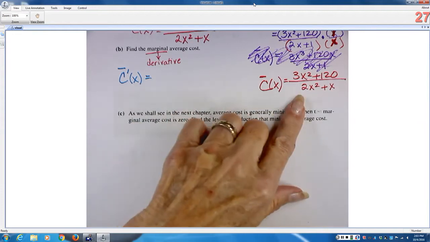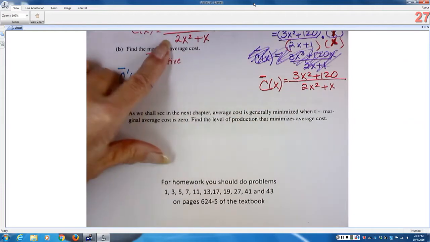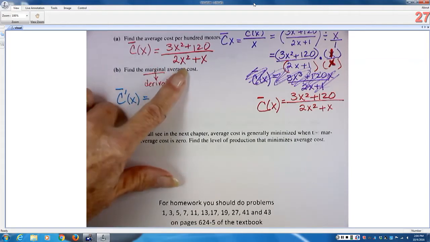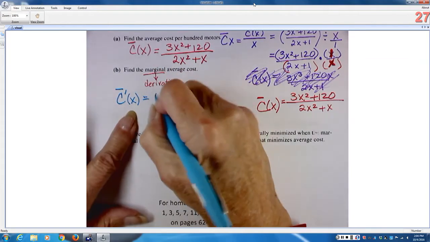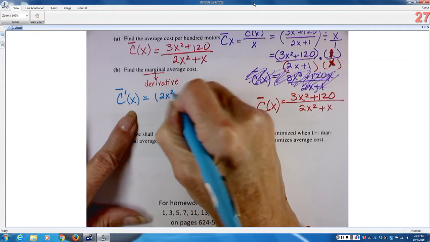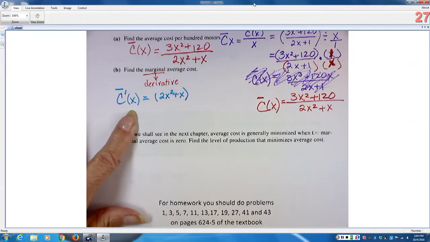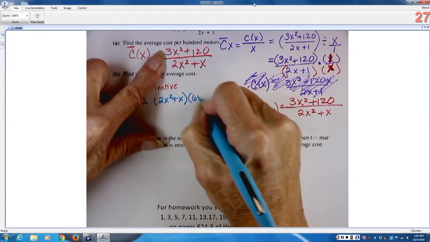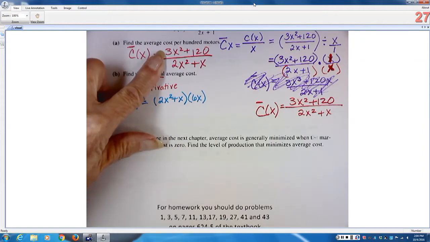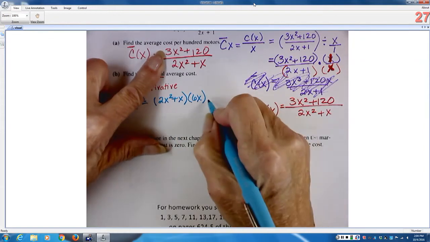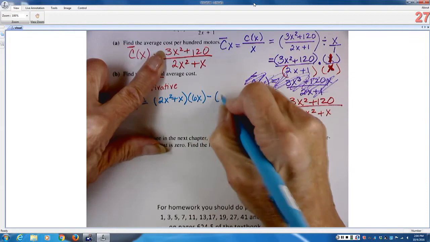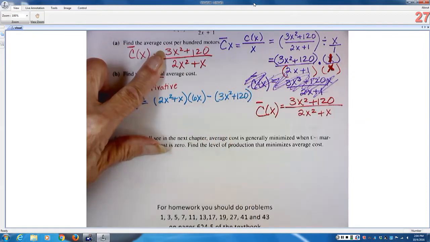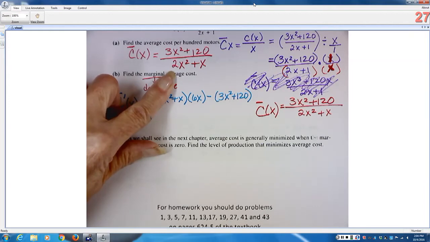is going to be the derivative of this function, that function, it's the same function. And the way that we do it is we take the denominator, 2x squared plus x, multiply by the derivative of the numerator, which would be 6x, then subtract the numerator, multiplied by the derivative of the denominator, which is going to be 4x.